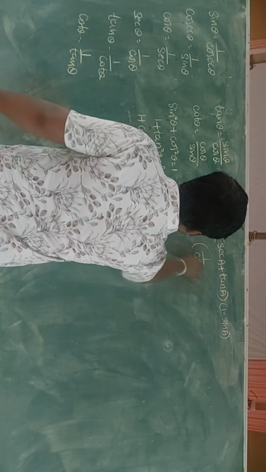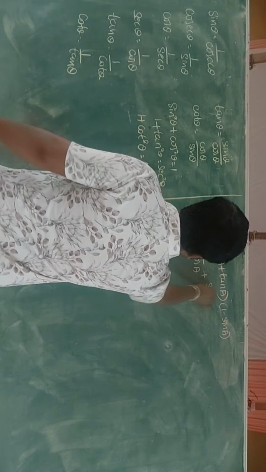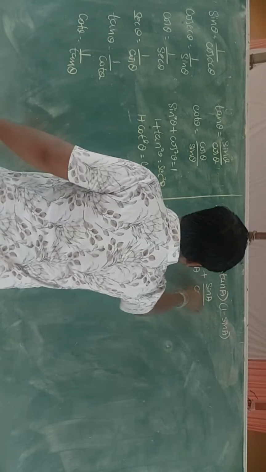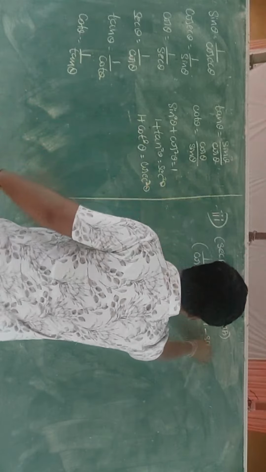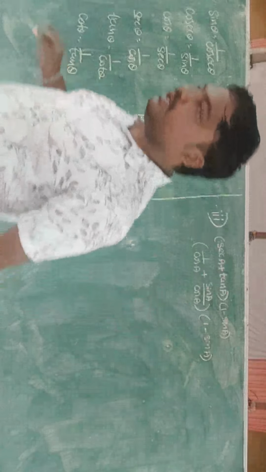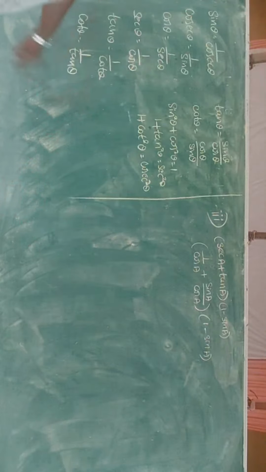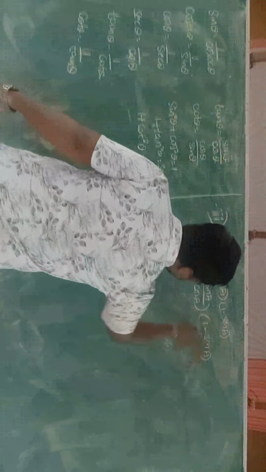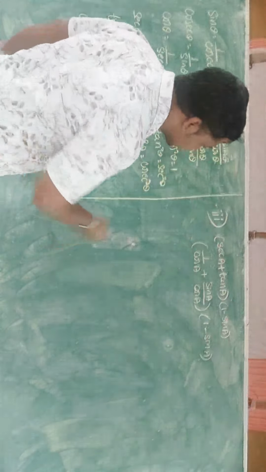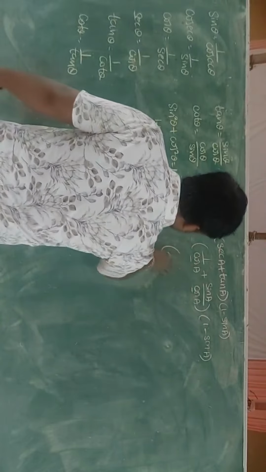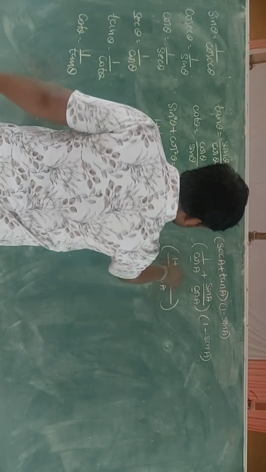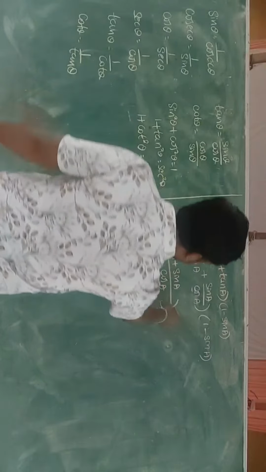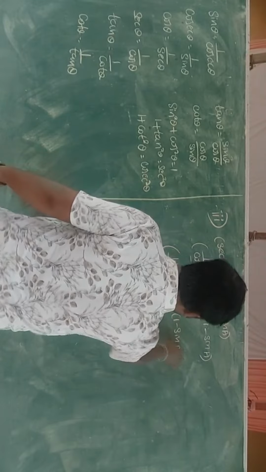So sec we can write as 1 upon cos A and tan as sin A upon cos A, into bracket 1 minus sin A. It is already in the form of sine, so write it as it is; no need to convert it into cosec or cot. Now take cos A as the LCM: 1 plus sin A as it is, and 1 minus sin A as it is.